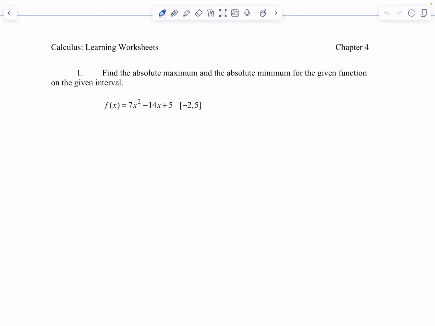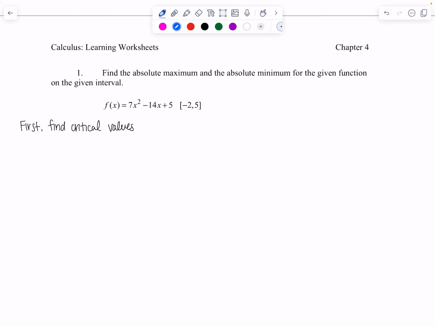Find the absolute maximum and the absolute minimum for the given function on the interval. f of x equals 7x squared minus 14x plus 5 on the interval from -2 to 5. So first, let's find the critical values of our function.